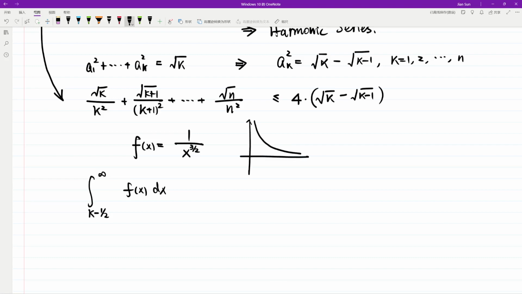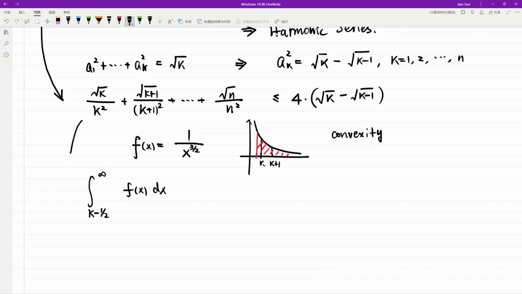So if we add up from k plus 1, it's certainly bounded by the entire integral starting from k minus 1/2, due to its convexity. So here we use the convexity of this function.